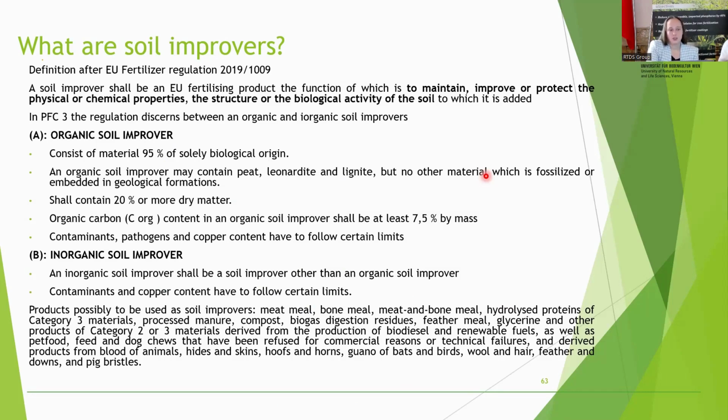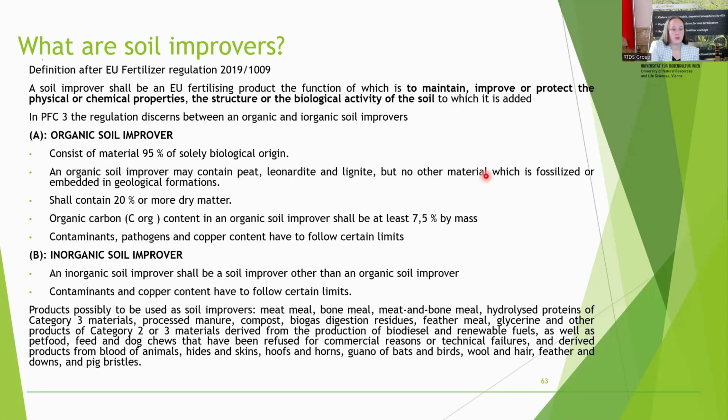And there is a distinction between organic soil improvers and inorganic soil improvers. And for the organic soil improvers, the material has to consist 95% of solely biological origin. And it can be out of peat, leonardite, lignite, but it is not allowed to be of any other material that is fossilized or embedded in geological formations.